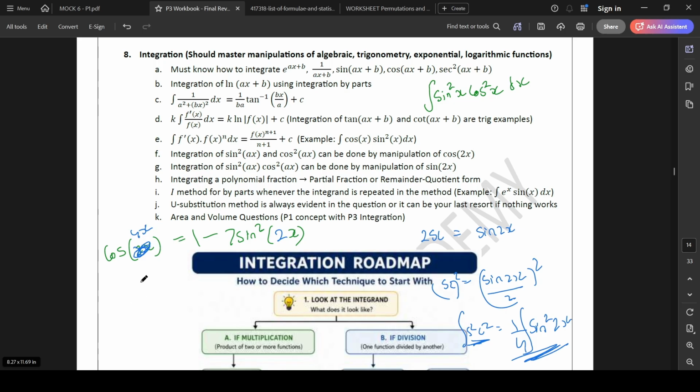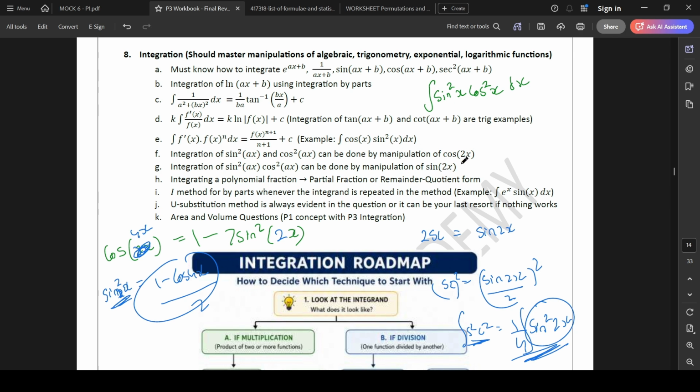So the formula becomes sin square 2x is equal to 1 minus cos of 4x, whole divided by 2. You can substitute this formula for sin square 2x and integrate, because you know how to integrate the cos 4x term.